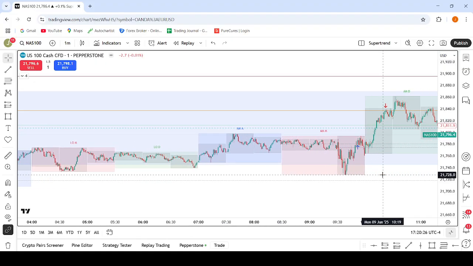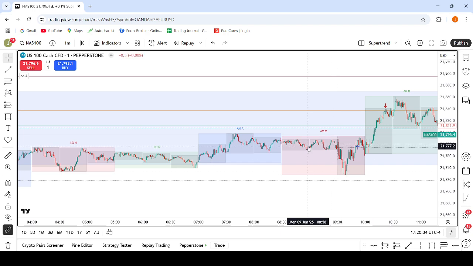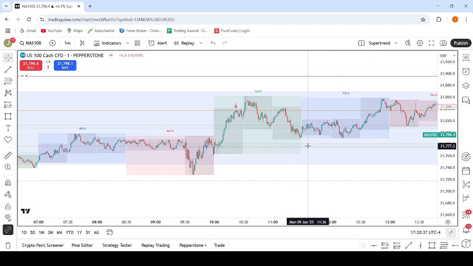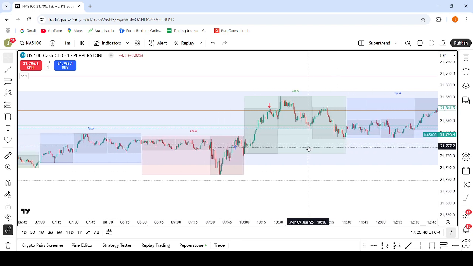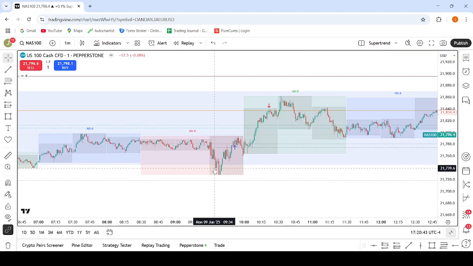But we've dropped down to 21,728 here, and that was at 9:39. So this is what I'm trying to do for my 9 o'clock, because I'm looking for a structure shift in every hourly candle, right? But it's at what time?